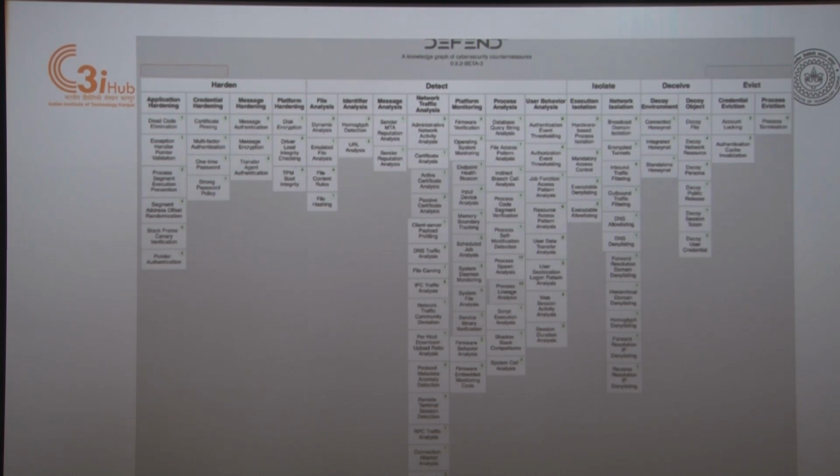So we'll go through this in detail later, but just to give you an example, application hardening, right? So what is application hardening? You write an application, you compile it, you run it, and then there is a buffer overflow vulnerability in it, right? Or it has a privilege escalation vulnerability, or it has a null pointer access vulnerability, right?